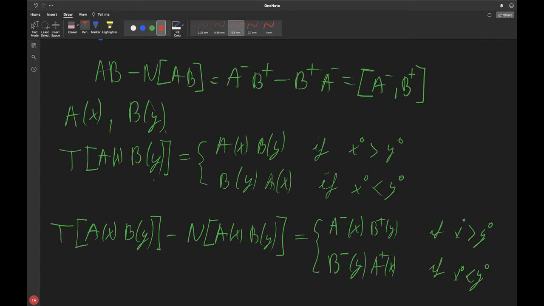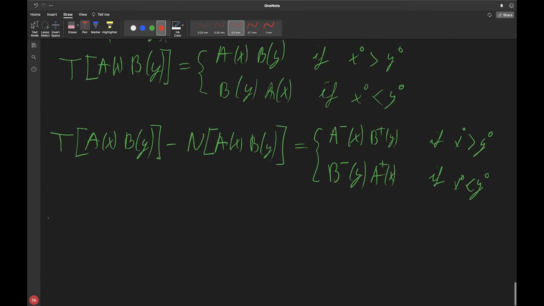And so now comes an important statement: the whole point of this normal ordering was that when you do the vacuum expectation value with those, they will give 0. So the only non-zero parts are coming from the time ordering.